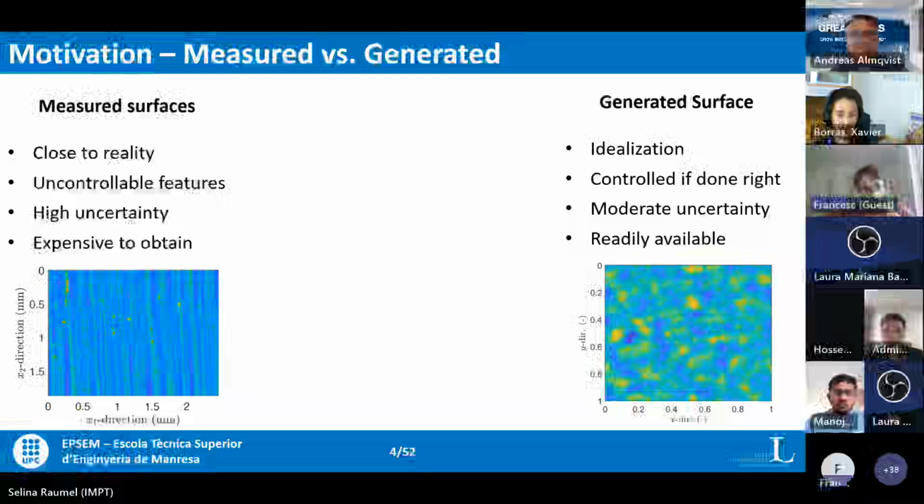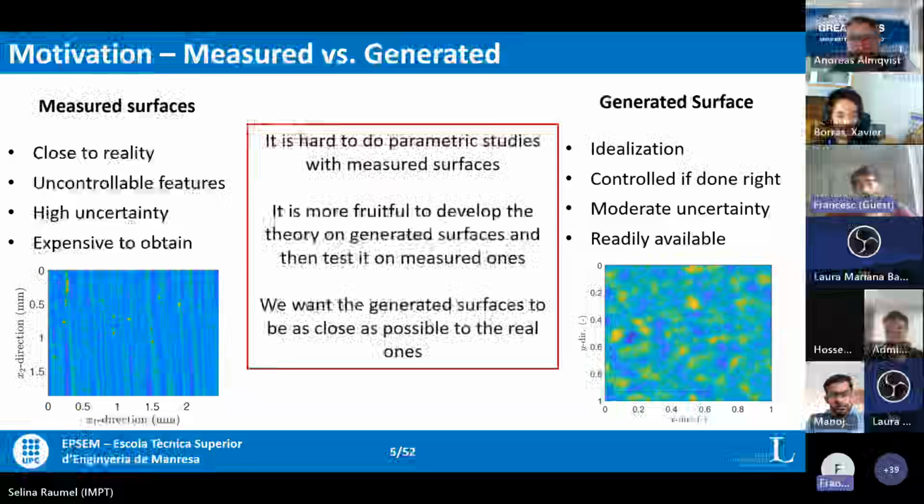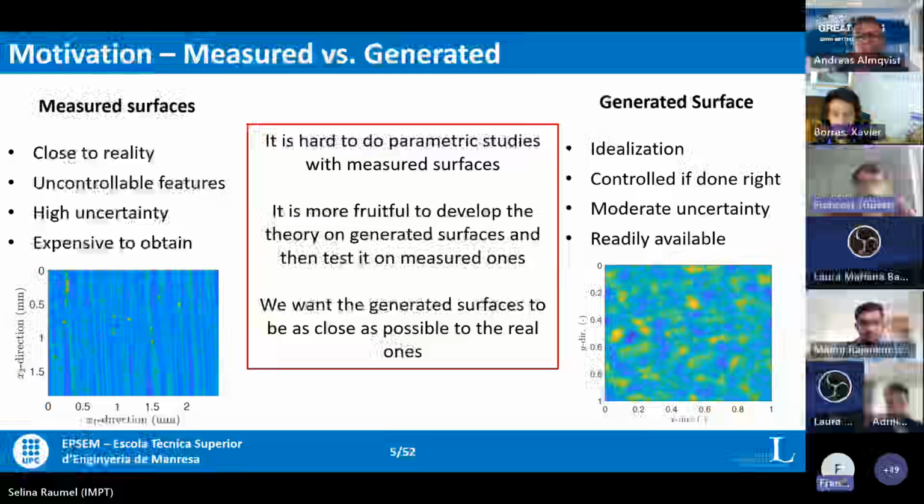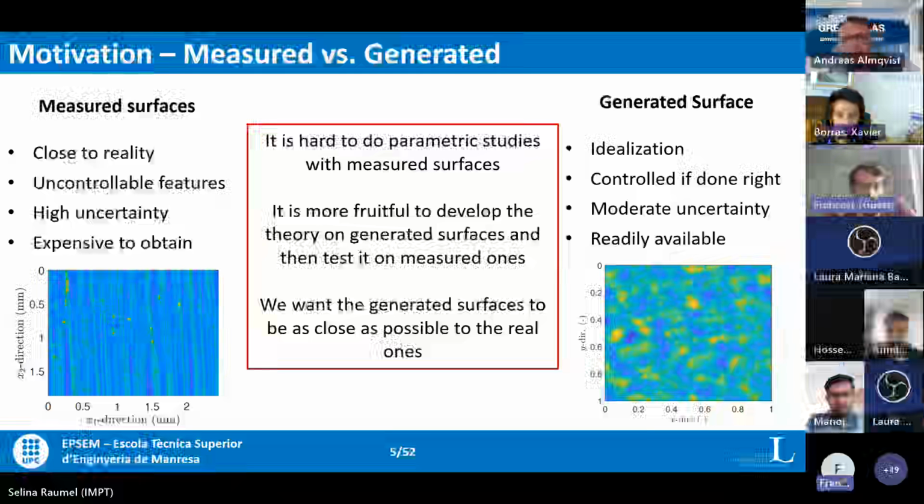So what that means is that while it is very hard to do parametric studies on measured surfaces, it is much easier to do it in generated ones. And therefore, a very fruitful approach that many researchers have followed is to do this first, and only once the pattern is well established, then you go and you measure the surfaces and you check that for your particular surfaces this pattern also holds.